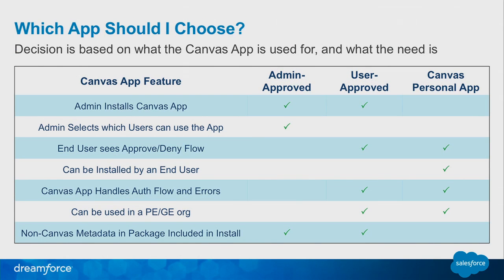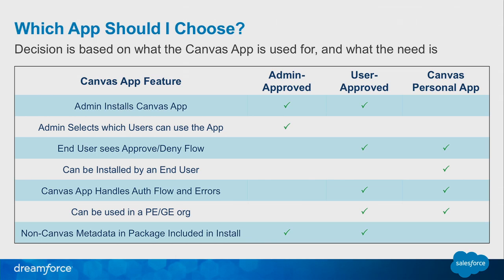So how do you choose? Obviously, there's a lot more to the decision than just these six or seven points, but this starts to help you. It really depends on how you want the admin, the user, and the developer experience to be. So for instance, if you want the admin to have to install the Canvas app, your choices are admin-approved or user-approved. Again, a Canvas personal app allows the end user to install.